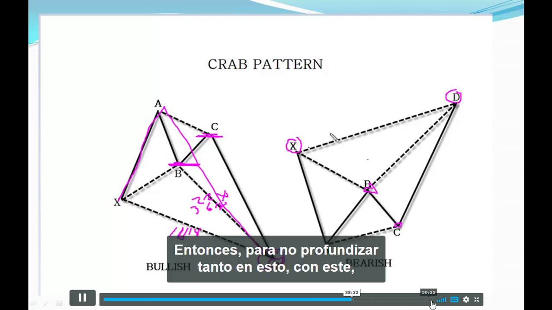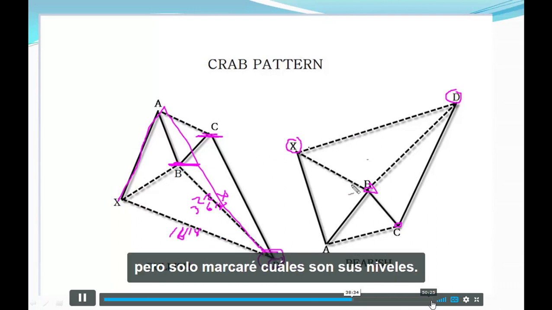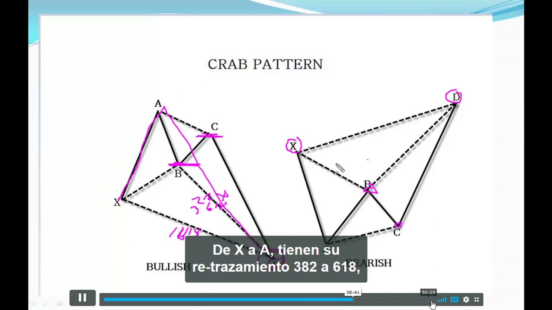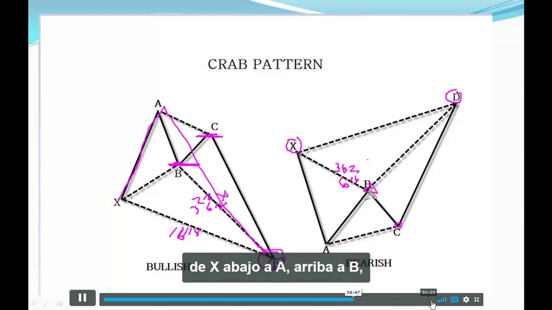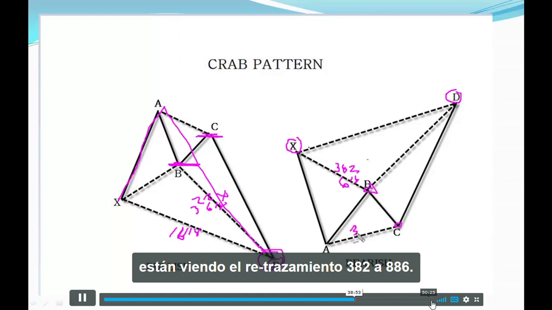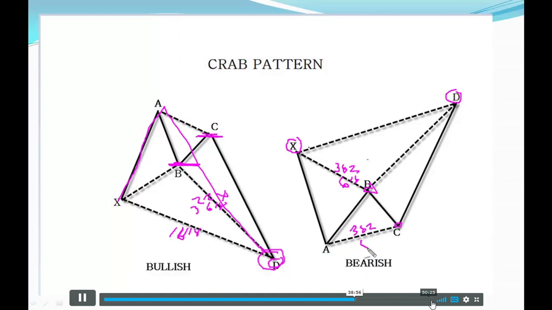So not to get in too deep with this one, but I'll just mark out what your levels are. So let's try this again. From X to A, you've got your 38.2 to 61.8 retracement. From X down to A up to B, and from A to B down to C, you're looking at a 38.2 to 88.6 retracement.